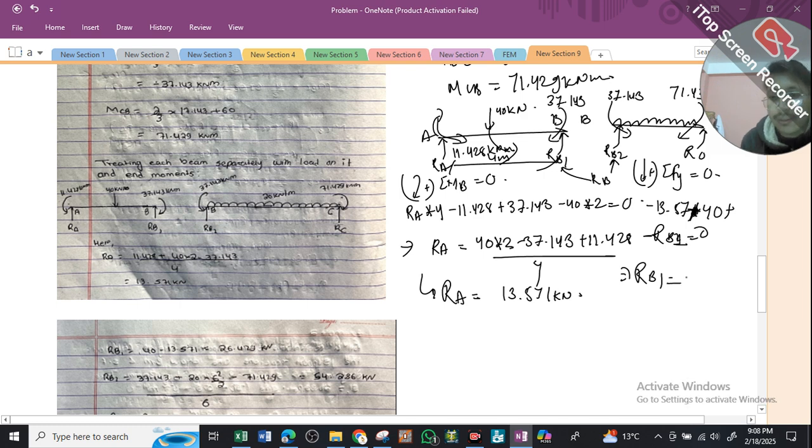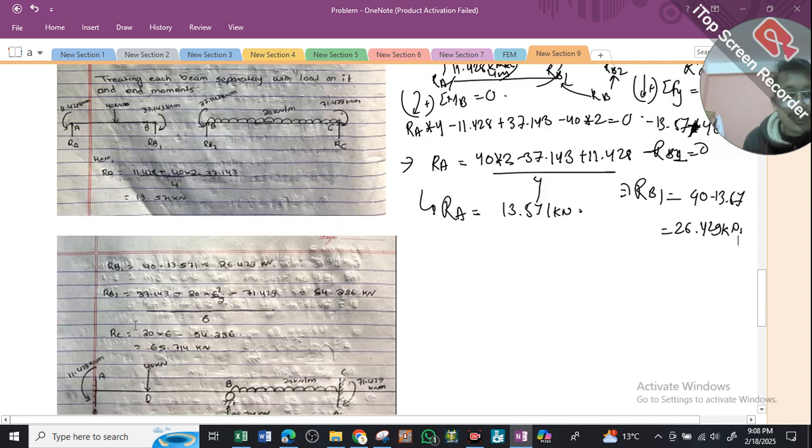So I get my value of RB1 as 40 minus 13.571, which is 26.429 kilonewton. Similarly, you can calculate your value for RB2 and RC as well.